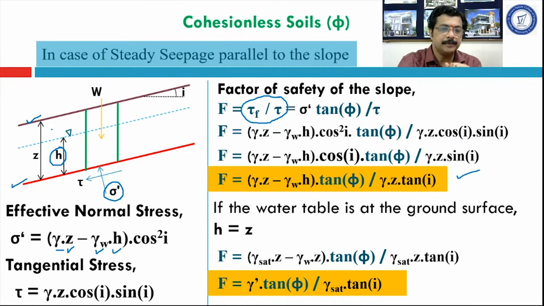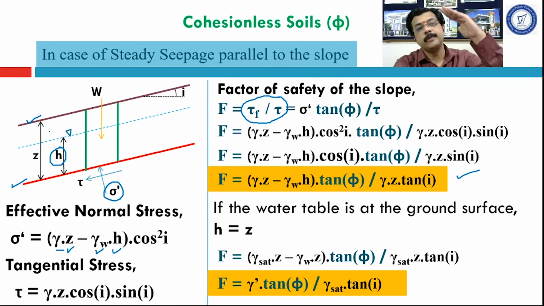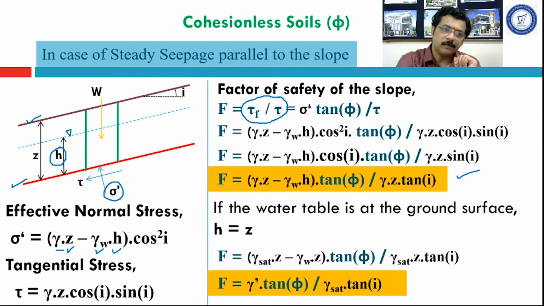Okay, so this is the formula when the water table is at some height h from the failure plane. But if this water rises to the ground surface, what will happen? The complete slope will be underwater and the seepage is occurring. So what will be the effect of this on the formula? Here z is the depth of failure plane and h is the height of water level with respect to failure plane.